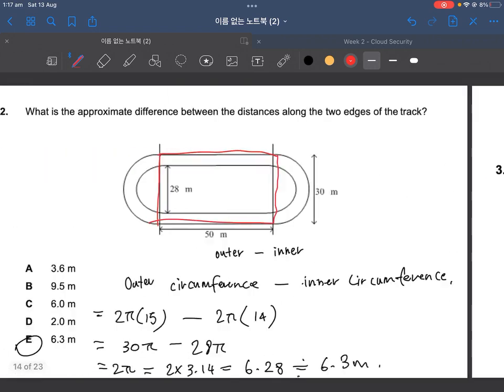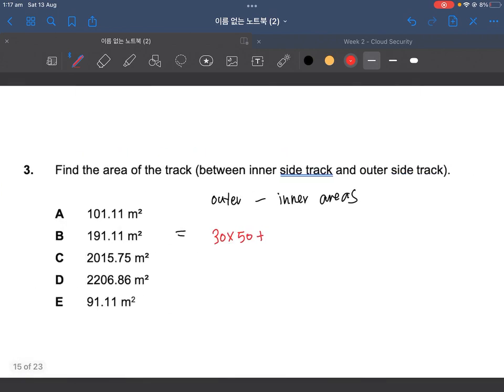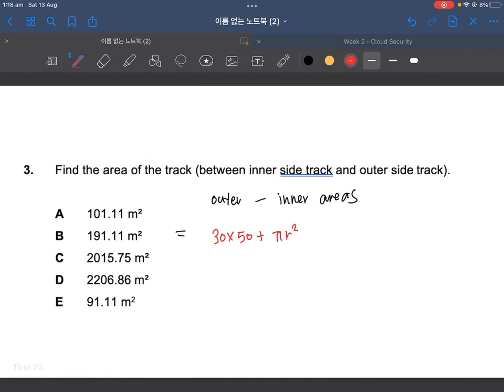But then we also have the outer semicircles, don't we? We treat that as one circle because again there's two of them. And how do we find the area of those circles? That's pi r squared. But what is this radius? We found that earlier from the second question. Radius happened to be 15. So we write 15 squared minus. Now, this inner area, we're going to have to surround it with a bracket.